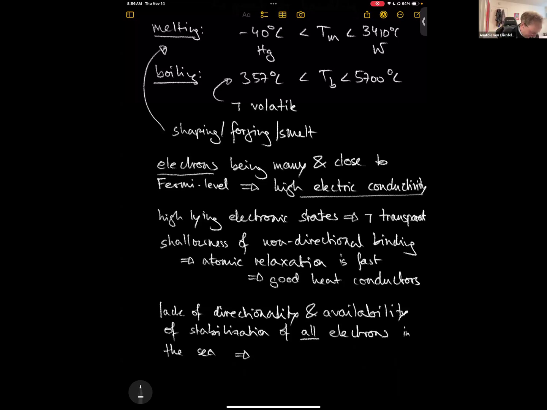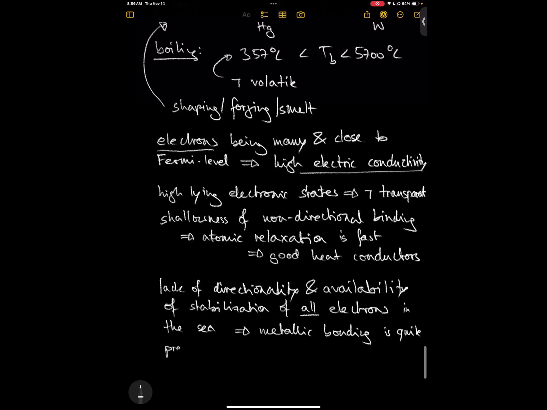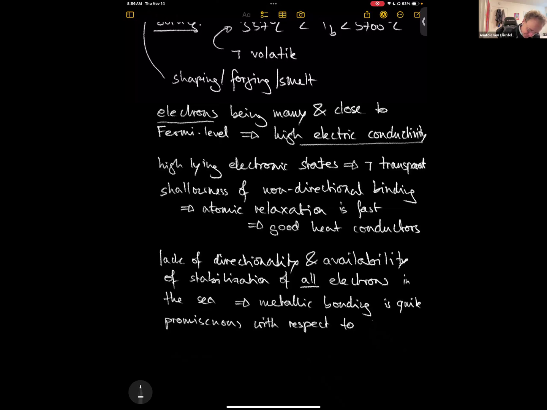So, in other words, the metallic bond is quite promiscuous with respect to binding partners, element type.